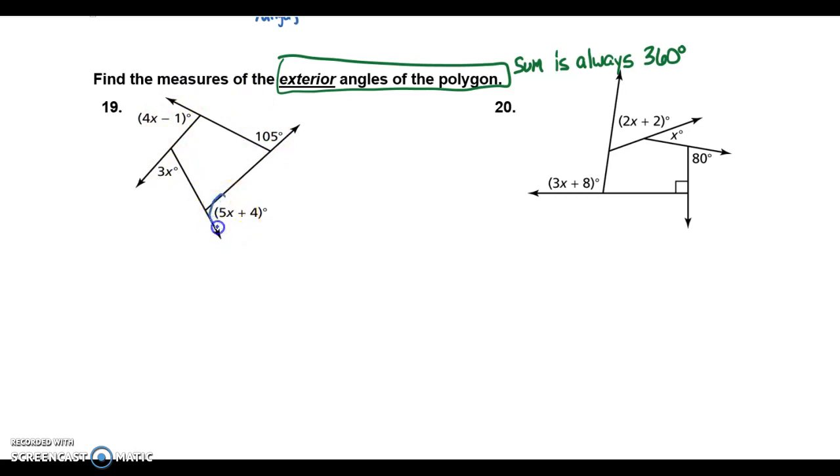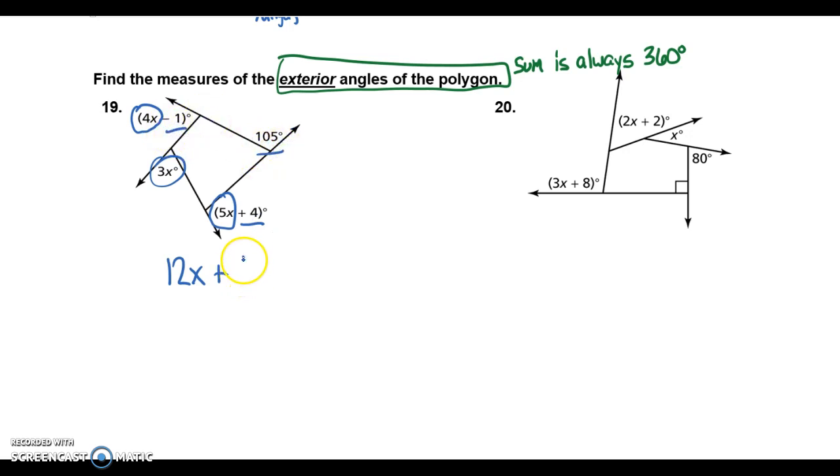Let's look at our x's. 5x here, 3x here, and 4x there. So that's 5, 6, and 8, 9, 10, 11, 12 x's. So 12x plus, add up or combine all the numbers. We've got a plus 4, a plus 105, and a minus 1. Don't forget that minus 1.